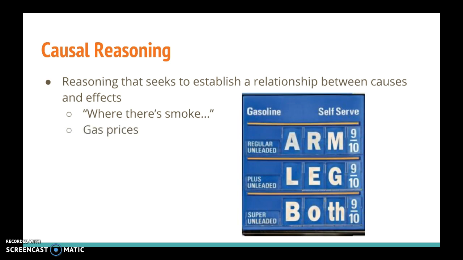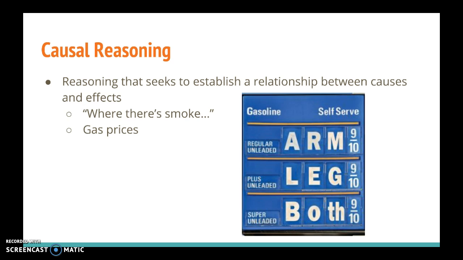Another example would be with gas prices, right? Whenever gas prices go up, driving tends to go down because it's less affordable. So, for example, during the recession in 2008 and 9, the gas prices were absolutely through the roof, and nobody was driving around, right?